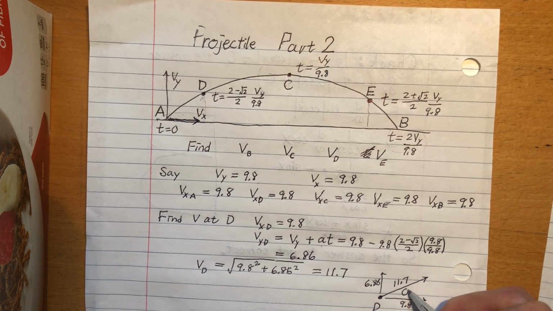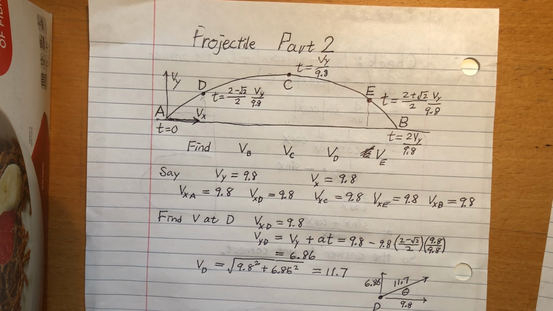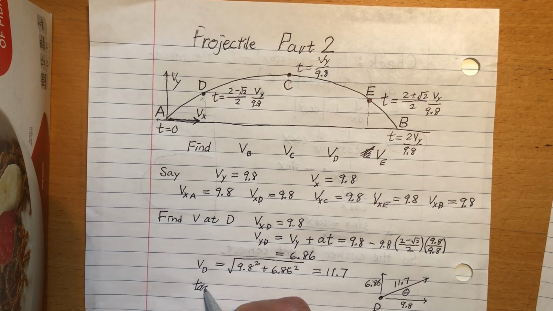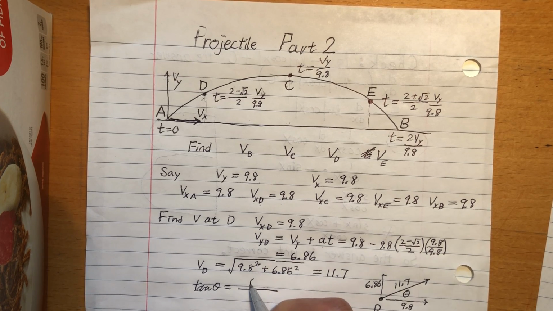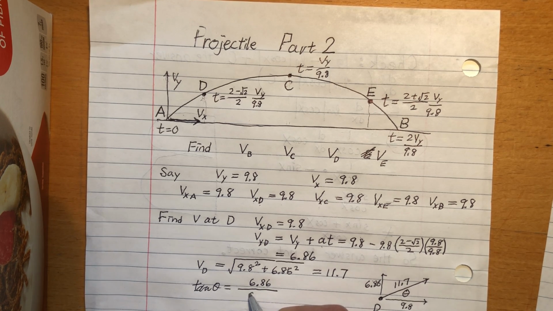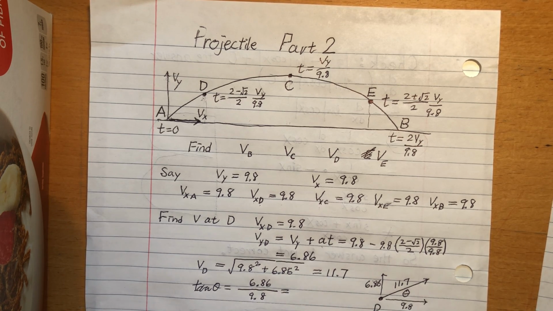So what is this angle? So this angle is, tangent theta is my y component divided by my x component. And this is 0.7.